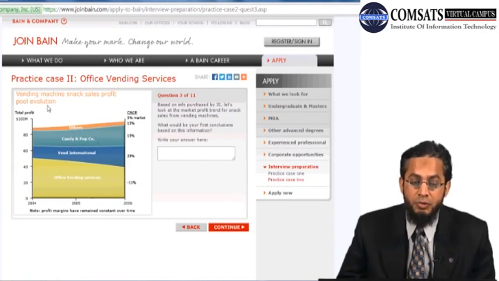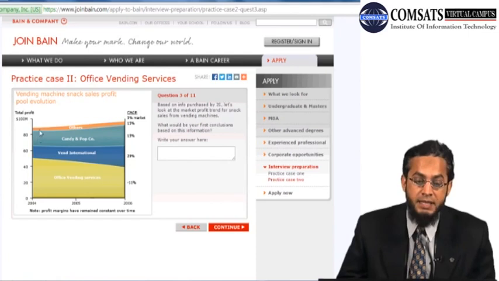Vending machine snack sales profit pool evolution. ये different industries के जो vending machine snack sales हैं उनका profit evolution है. ये आपकी कंपनी है office vending machine, और ये आपके competitors हैं Vend International, Candy and Pop and others. और ये आपका total profit है basically from snack sales, और ये इस कंपनी का total profit है from snack sales, and this is Candy and Pop's total profit from snack sales, and these are the other small competitor companies, and they have their combined profit of this much from snack sales.